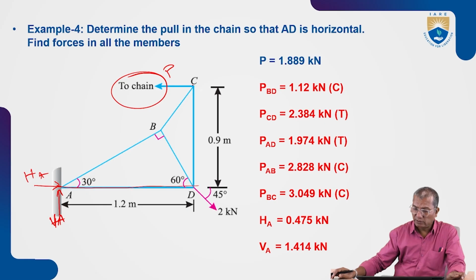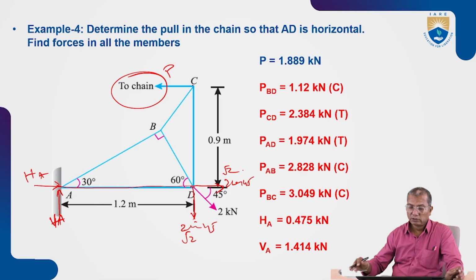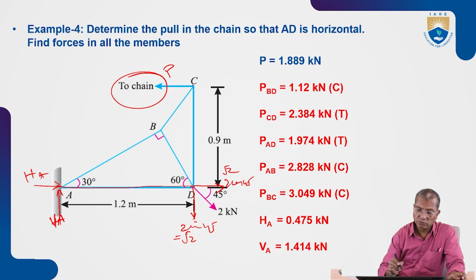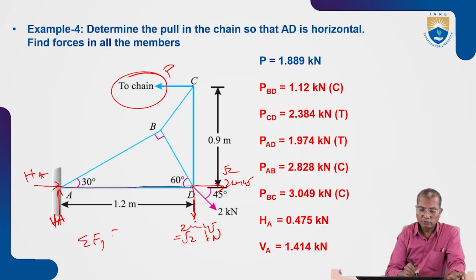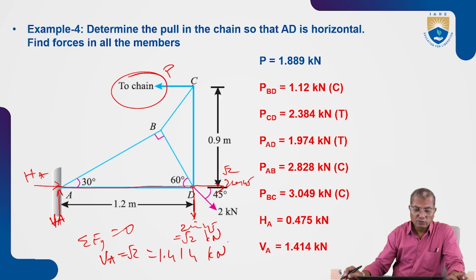Considering the components of the 2 kilonewtons force, this is 2 sin 45 and this is 2 cos 45, that is 1 by root 2 times 2, so both are root 2 kilonewtons. Applying the condition sigma Fy equal to 0, you will have VA equal to root 2, that is 1.414 kilonewtons.